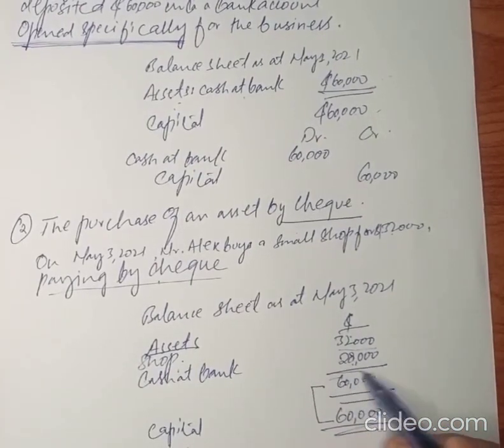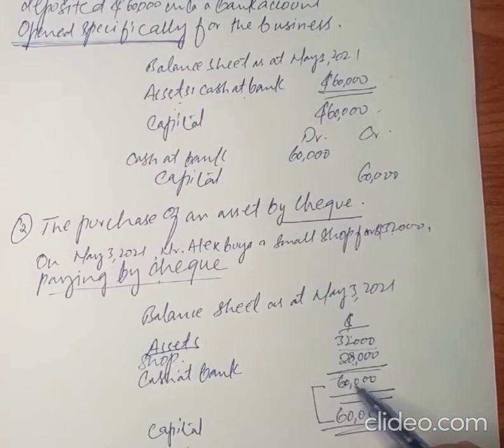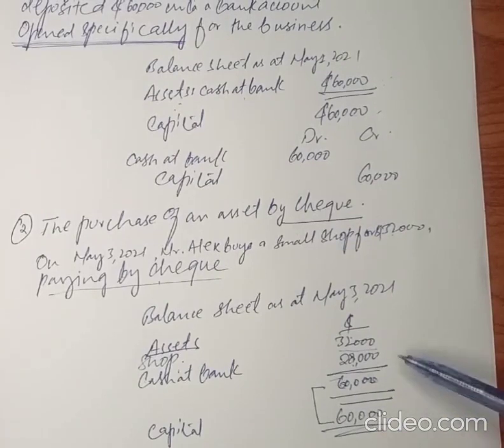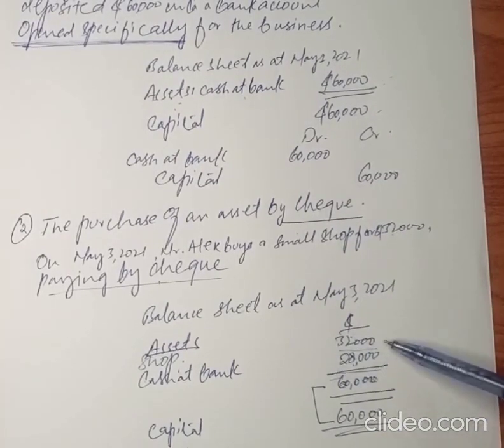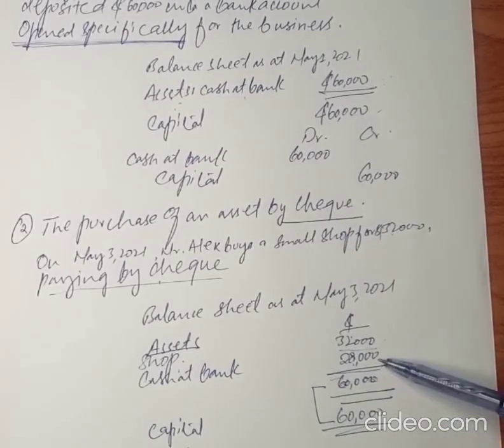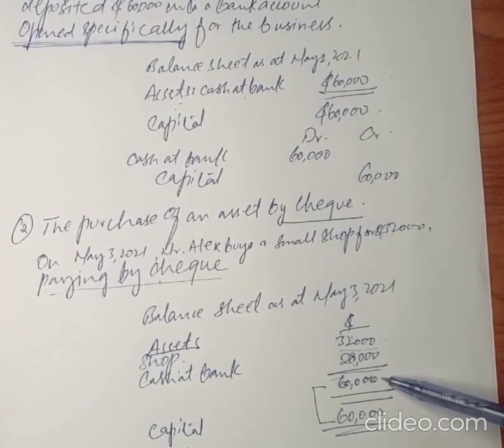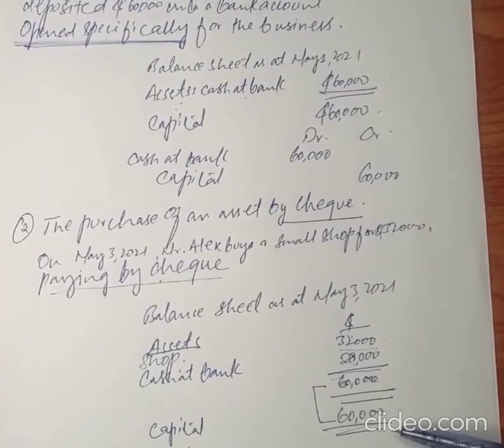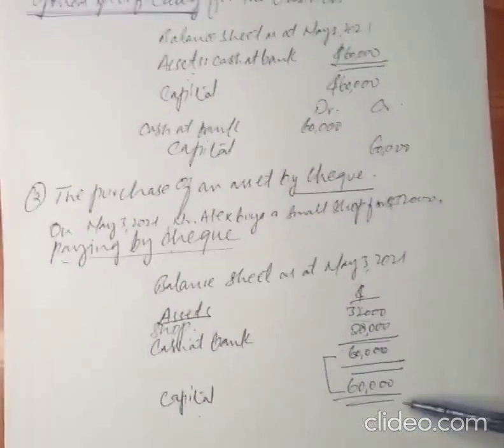When we total this, it is $60,000. The assets are the same, but the assets have changed as he purchased the shop for $32,000 paid from the bank, so the bank balance is decreased. The net assets are equal, and the capital is equal at this stage, that is $60,000, because there is no change in the capital.